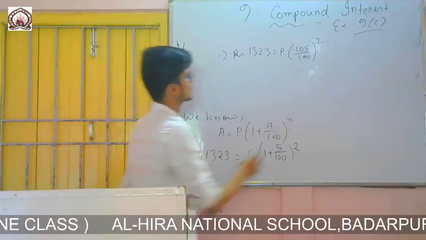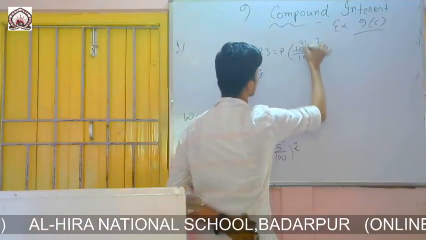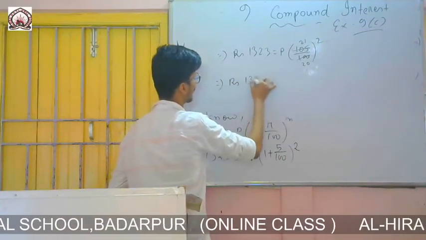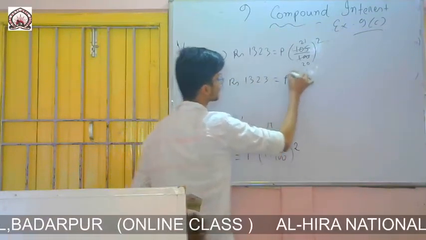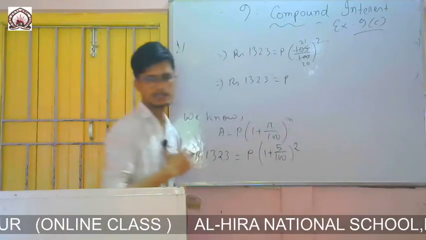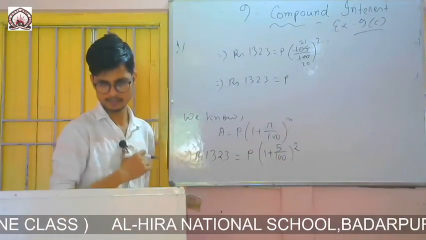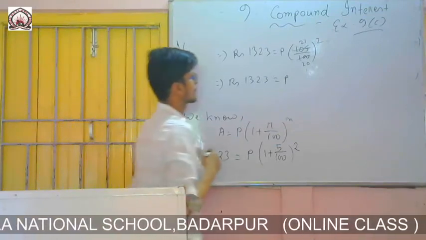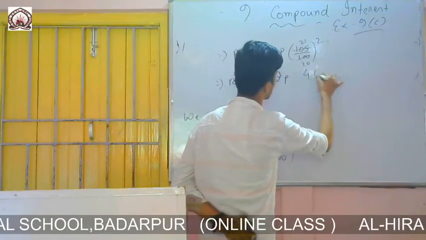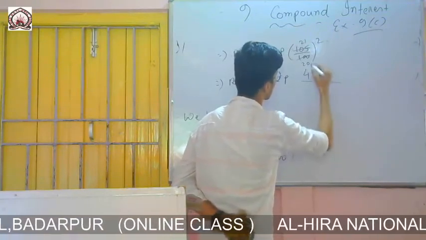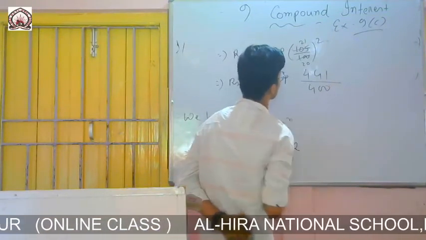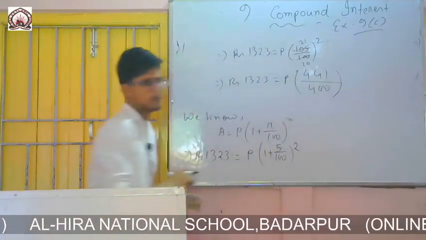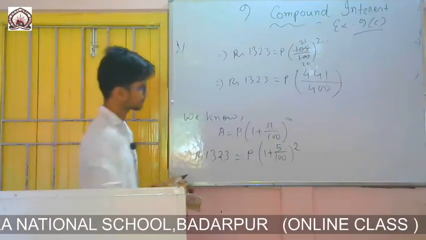So this one I can cancel, 21s are 20s are. Rupees 1323 equals P into 21 square by 20 square. 21 square, it is 441, yes. So 441 you write, and 20 square is 400. So principal P into 441 by 400.